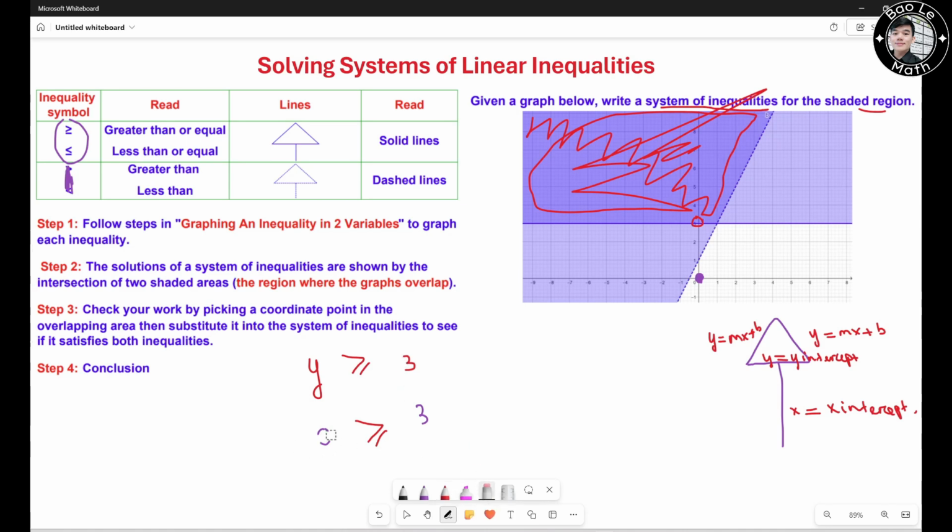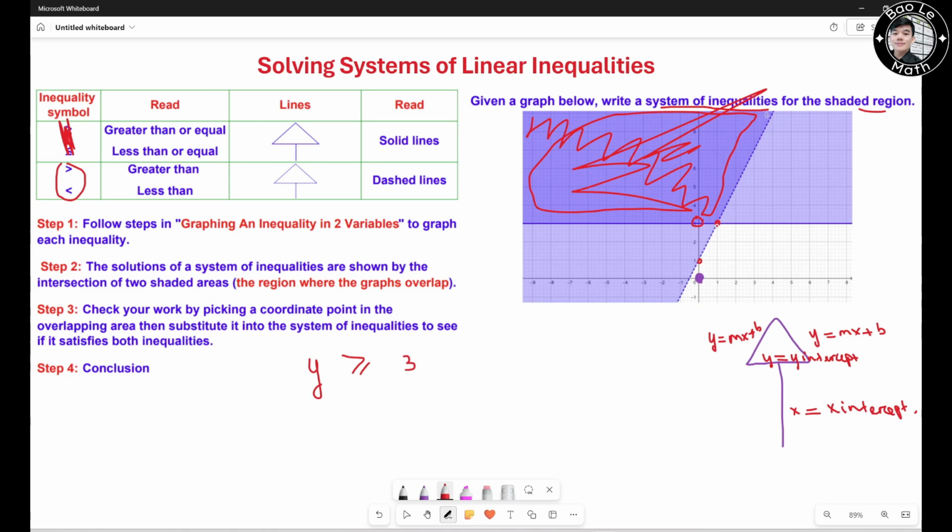Now let's move on to the second one. The second one, I have the dashed line right here, so I need to rule out the first two cases. And I only have two cases left right here, right? Alright, so I look at the line right here. Looking at the Christmas tree, I have the slope is positive, right? Now I need to pick 2 points on the graph and find the slope. So the first point right here, second point right here.